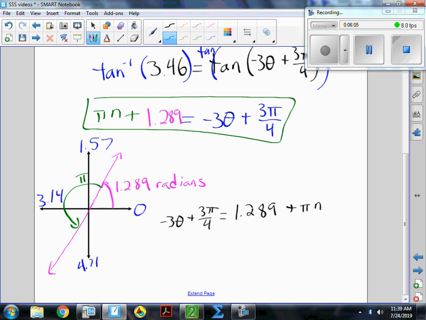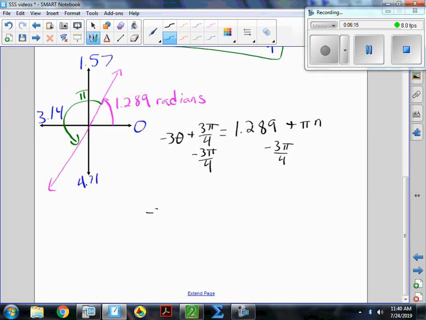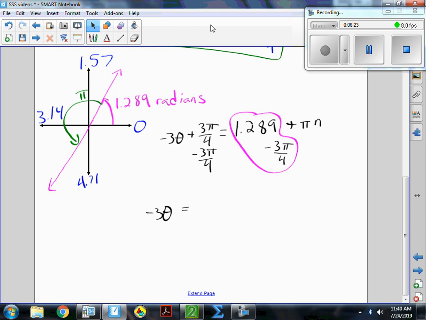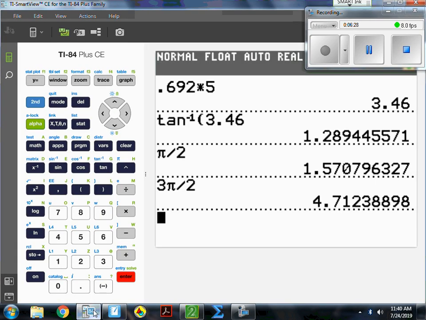And I need to get theta by itself. So I'm going to subtract 3 pi over 4. And so I have negative 3 theta equals, and I'm going to actually do the subtraction since I have my calculator going. So I'm going to do that 1.289 value that's on my calculator minus 3 pi over 4. So you can scroll up and find it, or you can type in that inverse tangent again.